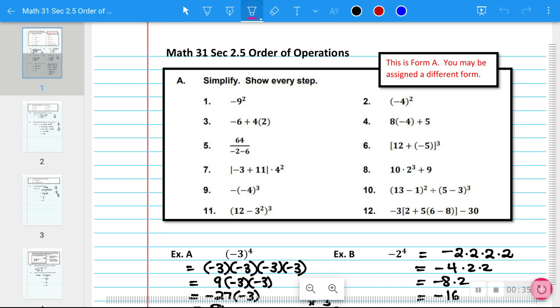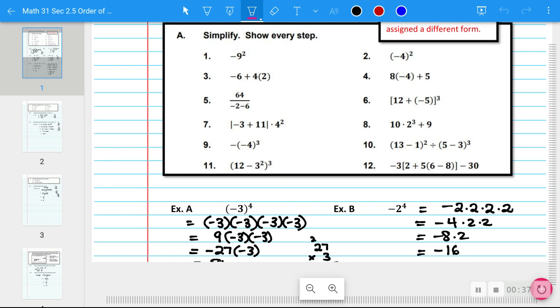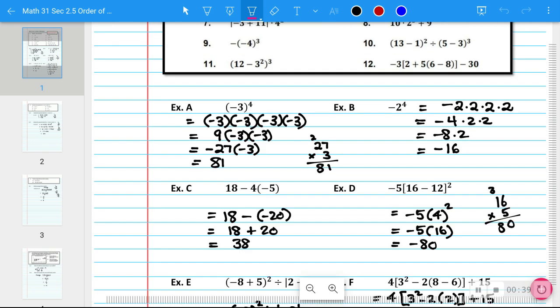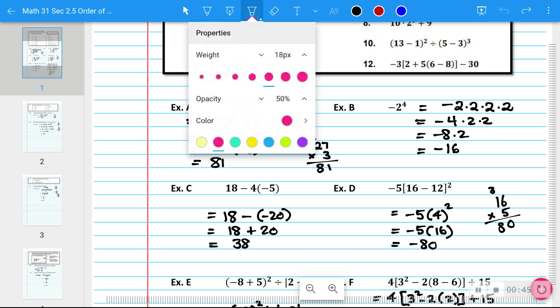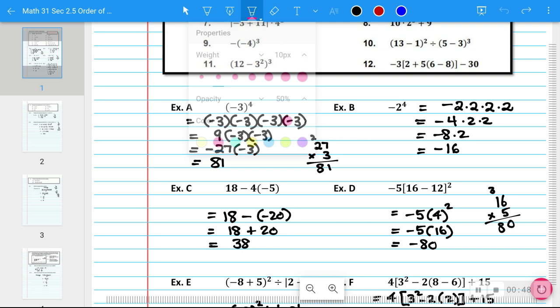Okay, so we're going to start here on example A, which is a simple exponent. What's important to know on this first example is that because of the parentheses, the base is a negative number. That negative is also part of what's being taken to the fourth power.